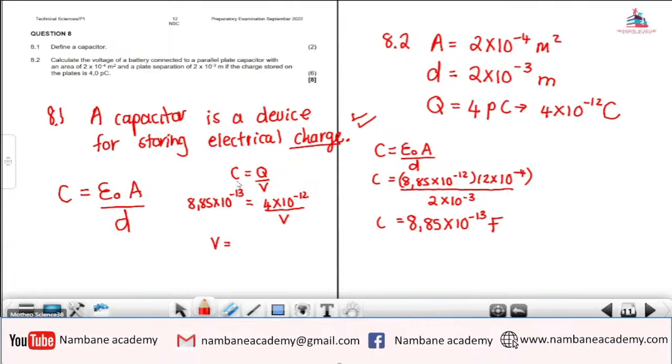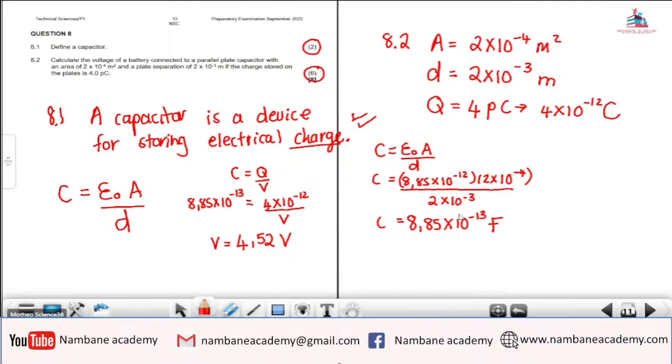Are you done with your computation? There you will get the answer in volts. So always use the marks allocated as a guide.